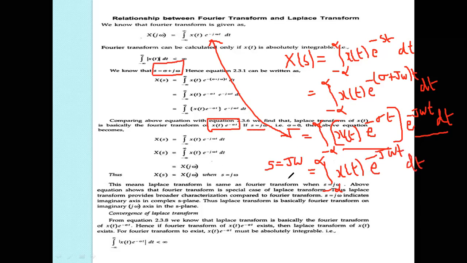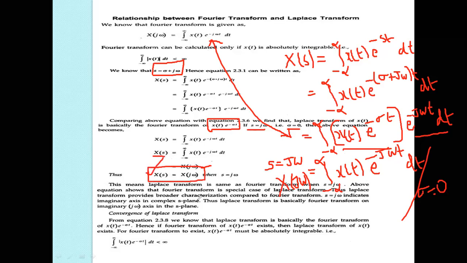So you can replace s as j omega, with sigma equal to 0. Now both the equations are the same. X of j omega is equal to integral minus infinity to infinity x of t e power minus j omega t dt. So X of s is equal to X of j omega.